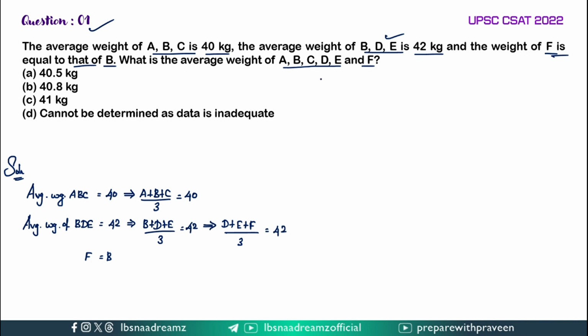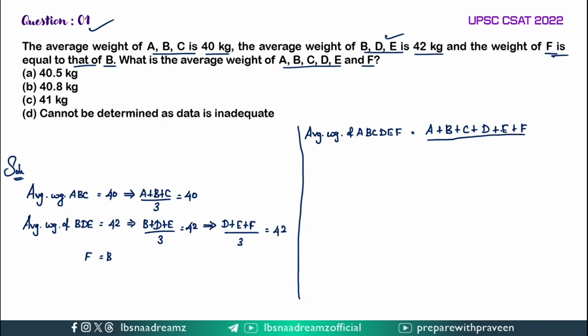To find the average weight of A, B, C, D, E and F, average weight of A, B, C, D, E and F is equal to A plus B plus C plus D plus E plus F divided by, totally there are 6 numbers, so divided by 6.